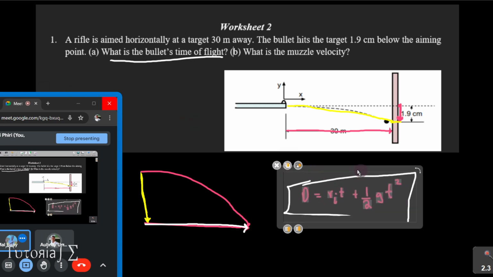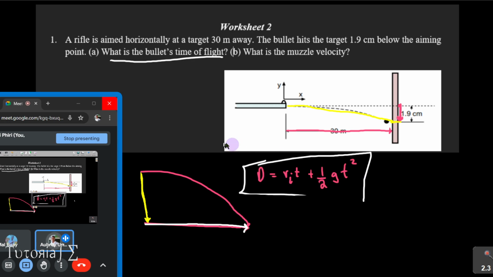For this one, we just need to collect the data now. We're looking for time. The distance that we're going to take is this vertical distance, the 1.9 centimeters. So this is the distance that we're taking.